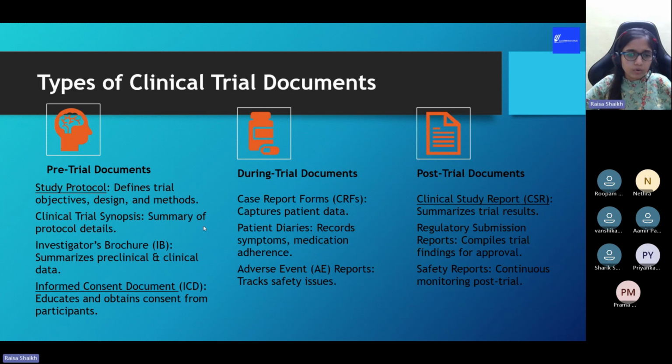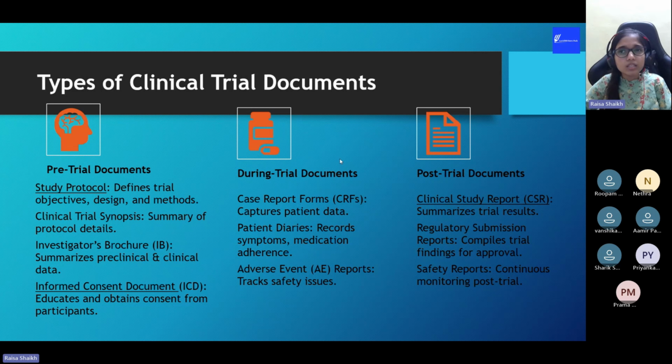Then adverse event reports, these are to track safety issues. Here the adverse events data are collected. Then post trial documents. Once the trial is conducted, there's a term called database lock. After the trial is done, the database is locked. After that, the data is analyzed by the statistician, and tables, listings, and figures are provided.